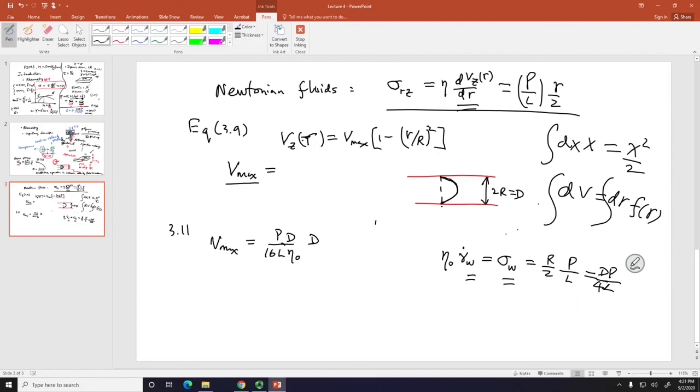So let me try to reduce this, because this is 4 times 4, so that this is the wall stress times D over 4 divided by shear viscosity.